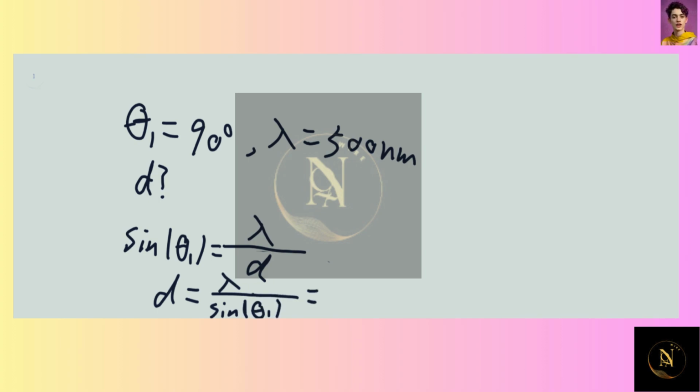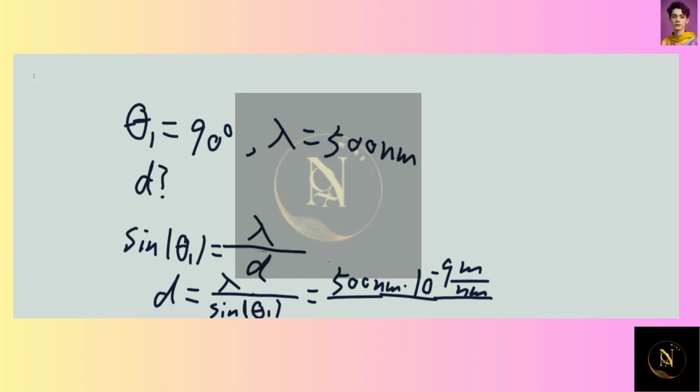And that will give us 500 nanometers times 10 to the power of 9 meters over nanometers, because 1 meter is 10 to the power 9 nanometers and 1 nanometer is 10 to the negative 9 meters.